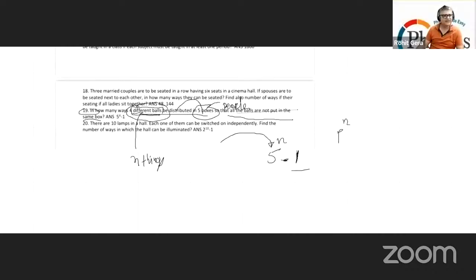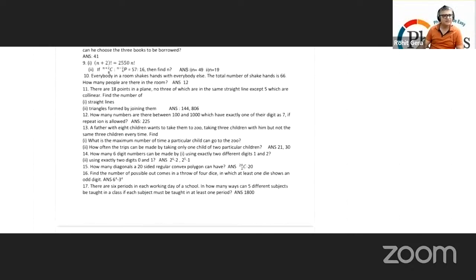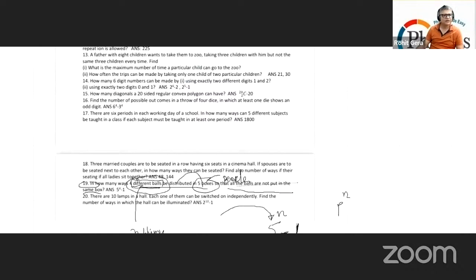And which other one did we try on distribution? This one. So we were to distribute subjects in periods, right? We were to distribute 5 different subjects in 6 periods. These subjects are not identical.